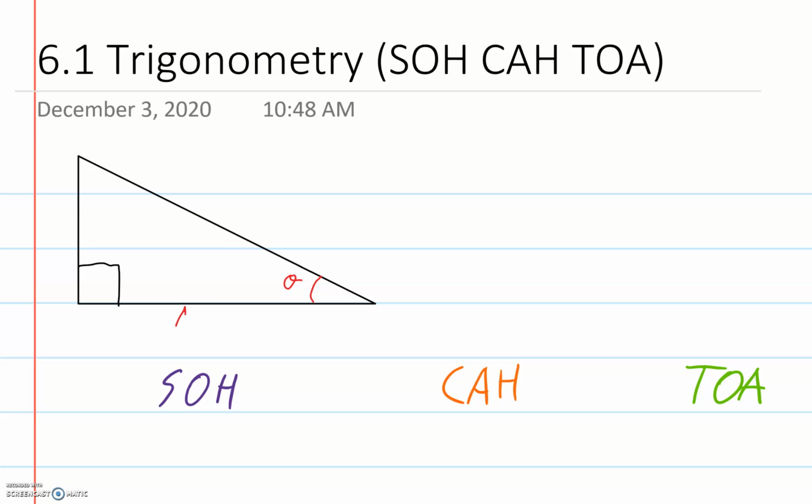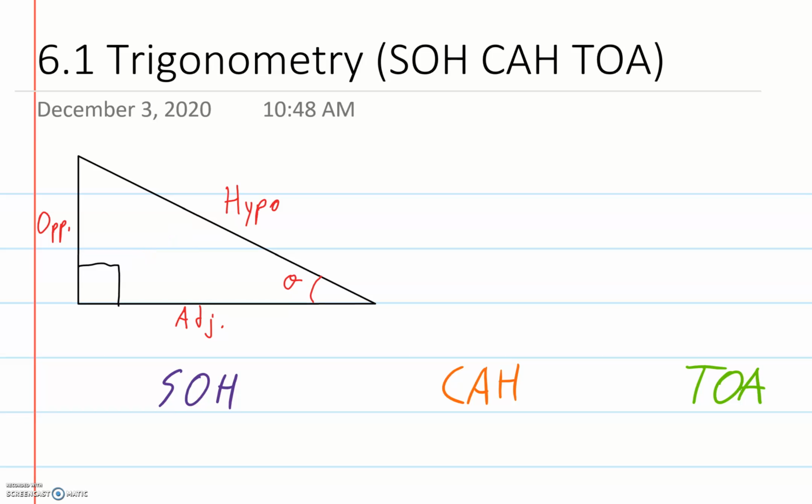Adjacent to the angle means next to the angle, and opposite means opposite the angle. Whereas the hypotenuse, as we said when we talked about Pythagoras theorem, is the longest side, or the side that is opposite the 90 degrees.